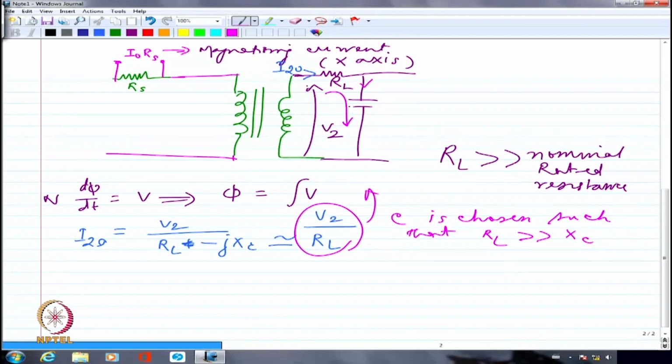So the current through the capacitor will also be V2 by RL. But the voltage across the capacitance will be 1 by C integral i dt. That is the voltage across the capacitance, which will be 1 by C multiplied by V2 divided by RL dt. Am I right?